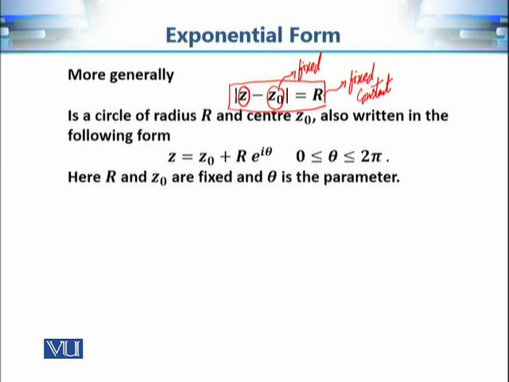We know that the modulus of z minus z0 is basically the distance between these two complex numbers in the complex plane. So this equation means the set of all those complex numbers z whose distance from z0 is equal to this fixed constant r, and by definition this becomes a circle with center z0 and radius r.